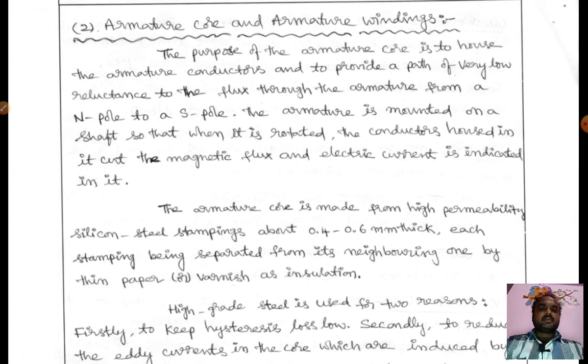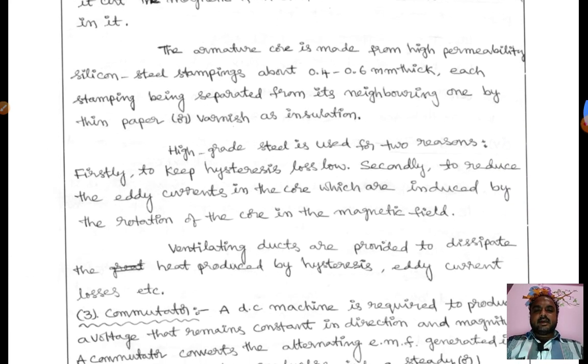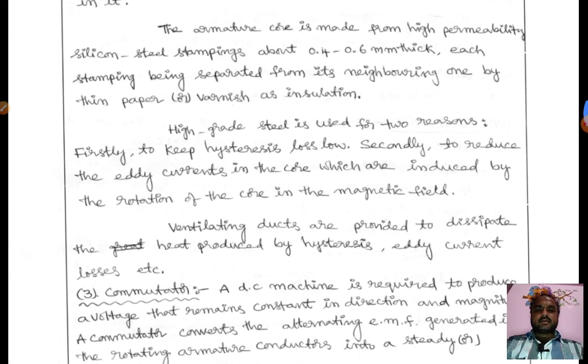The armature is mounted on a shaft so that when it is rotated, the armature conductors housed in it cut the magnetic flux and electric current is induced in it, right? So this is about the armature core.